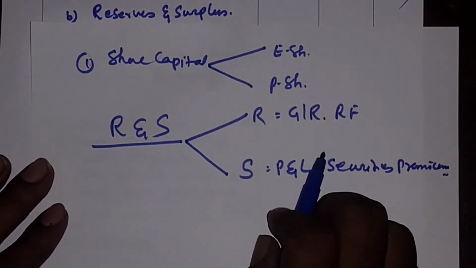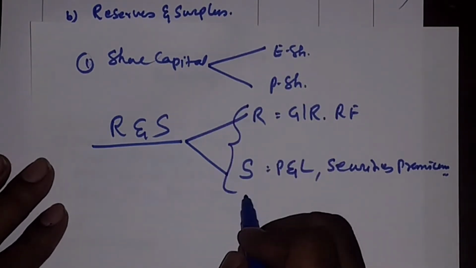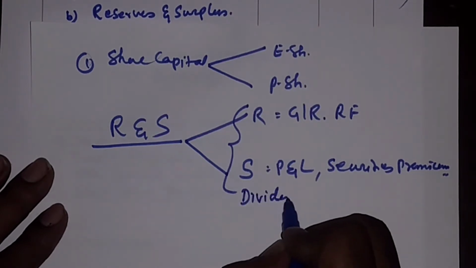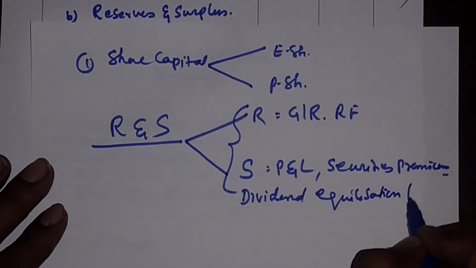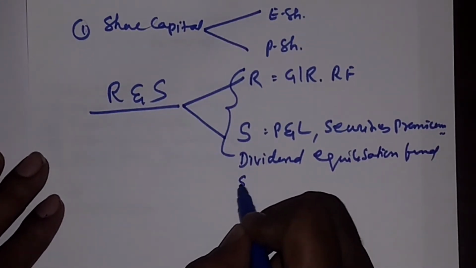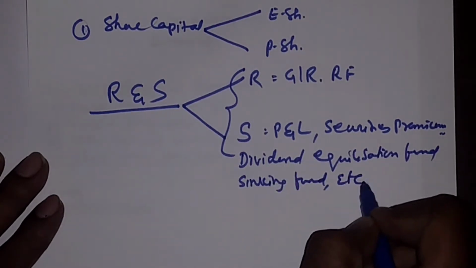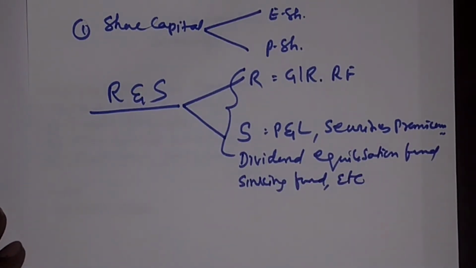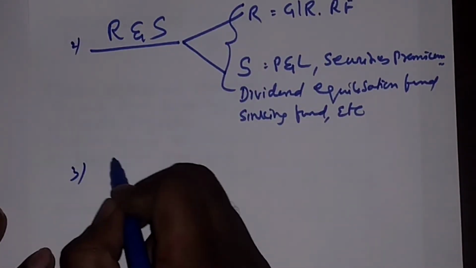These reserves and surplus joined together will include some other entries: dividend equalization fund, sinking fund, etc. After that, long-term borrowings.